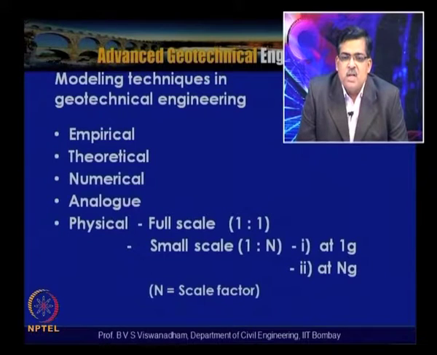So the physical model is subclassified as full scale, small scale at normal gravity, and small scale at centrifuge, or at high gravities. Why we need these small scale models at high gravities, and in what cases these techniques are applicable, we will elucidate in this module.